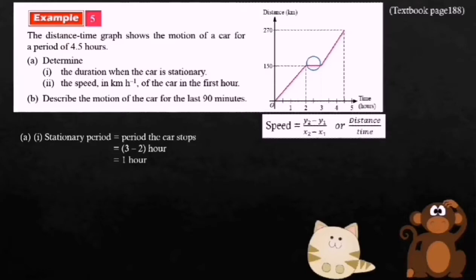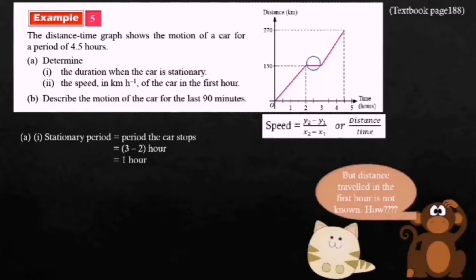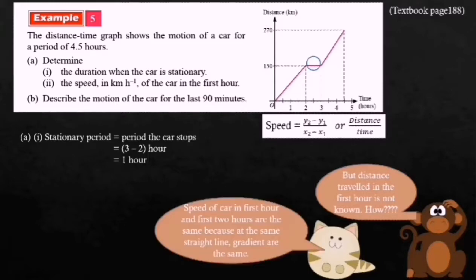A2. The speed in km per hour of the car in the first hour. So car in the first hour is here. As we know, the formula for speed is distance over time, but distance traveled in the first hour is not known. So how? Speed of car in first hour and first 2 hours are the same because at the same straight line, gradient are the same.